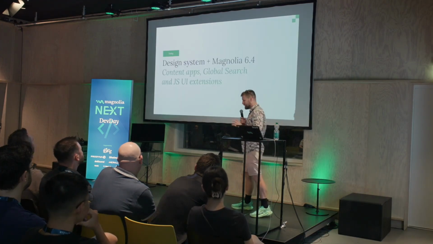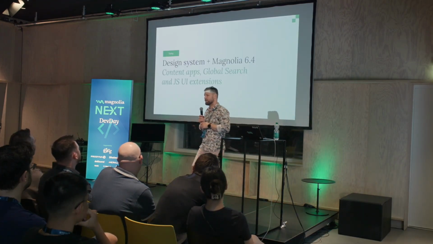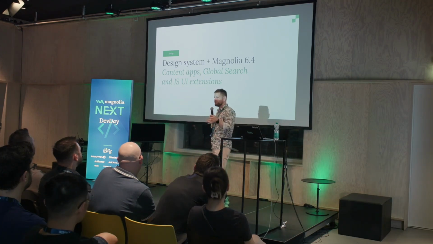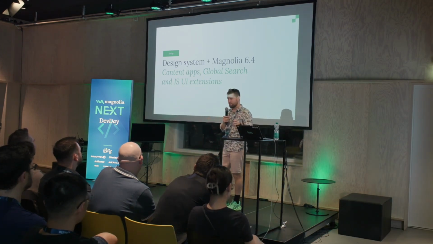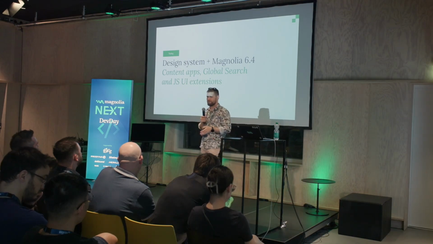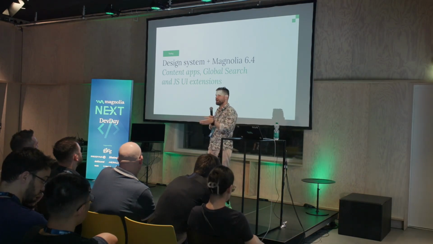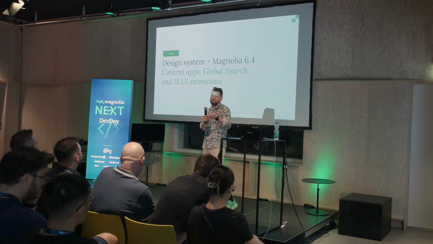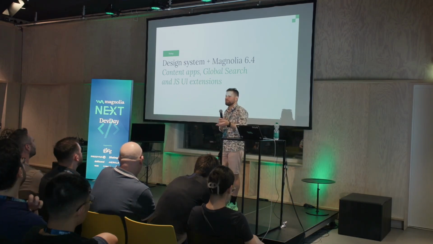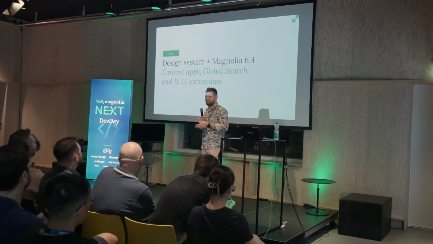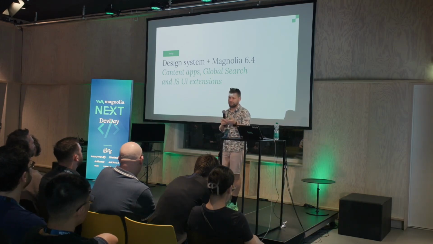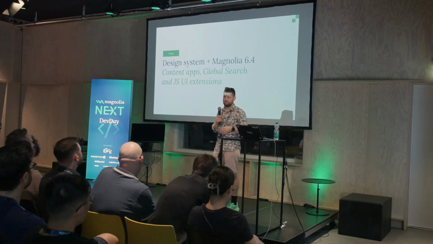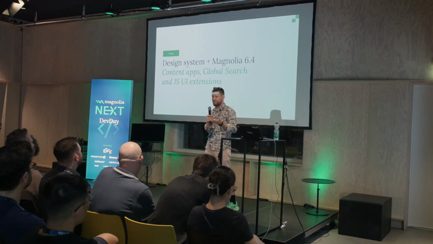So today, once the design system is shipped to you, you already know that it's been used in the content apps and in the global search. The way you could use it first and foremost is within your JavaScript UI extensions: you could build new extensions on top of this design system. And as you've seen in the presentation from Mika, this design system is really the backbone of everything that we do for the next versions of Magnolia.